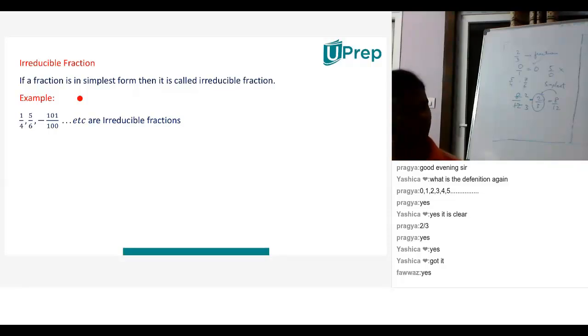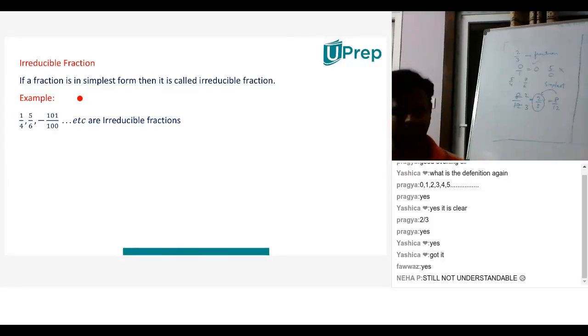Children, please note down the definition and write the example. Not understandable. Okay. How many of you have not understood? Just type in the chat box, please. Those who have not understood, please type in the chat box.